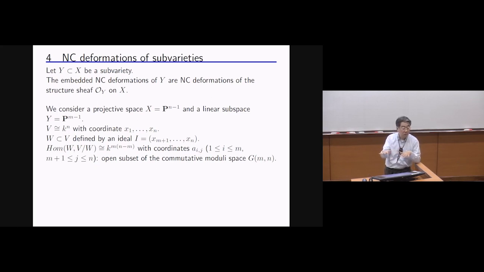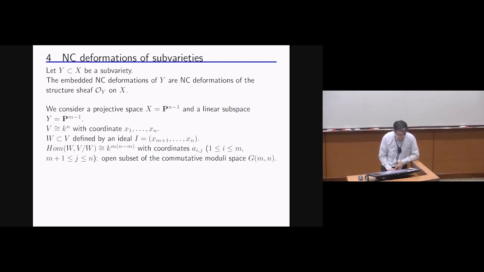So there is no local structure in some sense. Of course, there is the VMRT, and so a more subtle structure. But here, I will explain that this non-commutative deformation has some additional structure at a point of the Grassmannian. So let V be a vector space with coordinates x_1 to x_n.